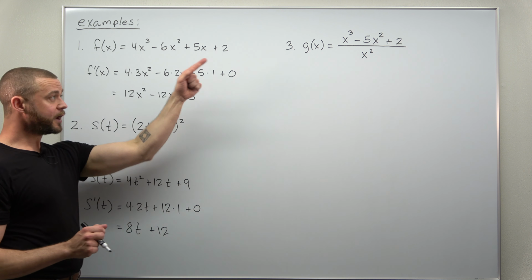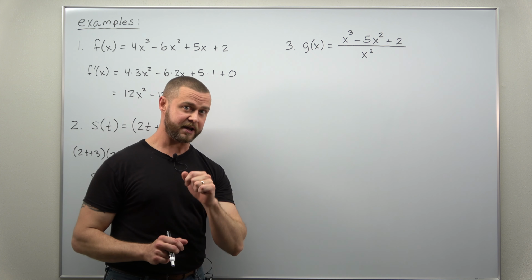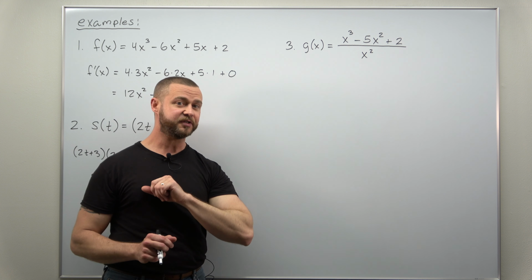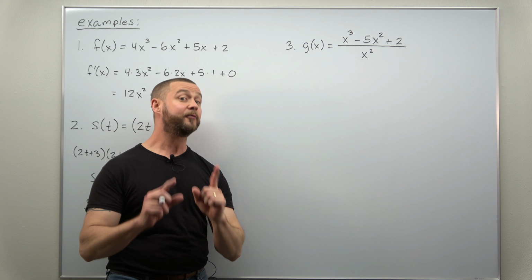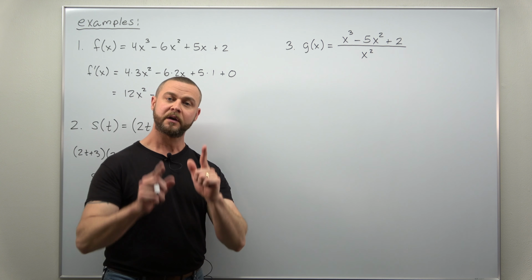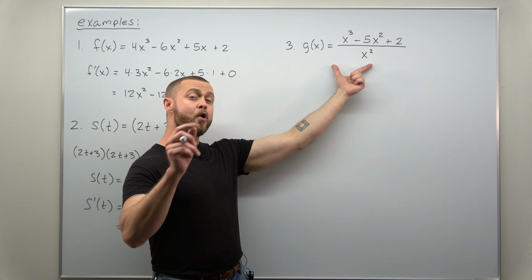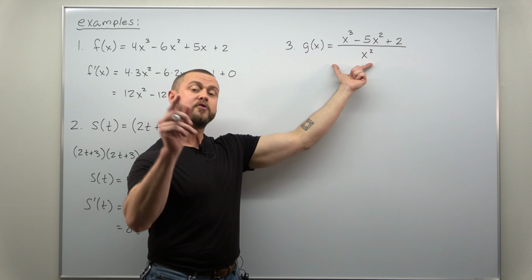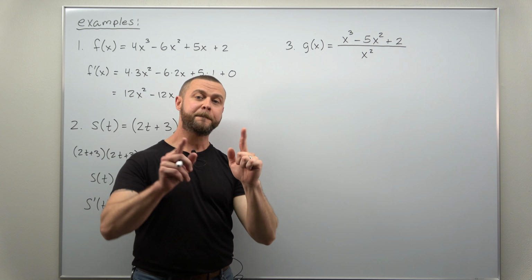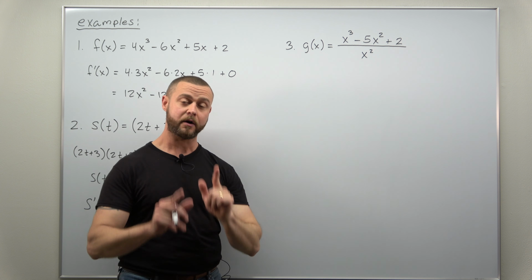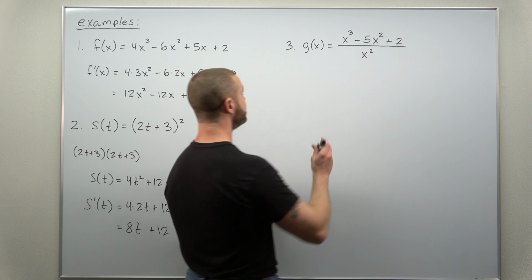We're going to try to rewrite the function in example 3 as a bunch of powers of x, and we're going to allow for negative powers. This is a very important technique. If you know the quotient rule, you might be tempted to apply that, but you do not have to here. We're going to rewrite it first.